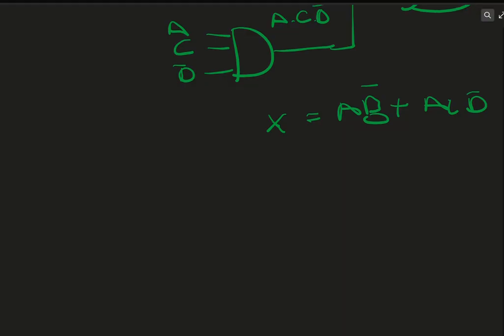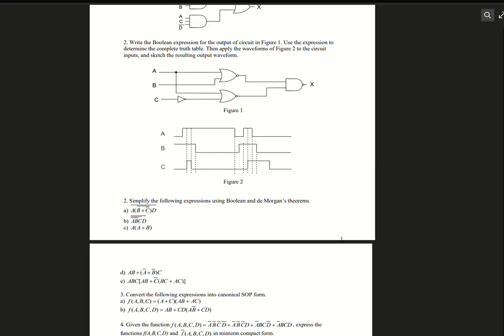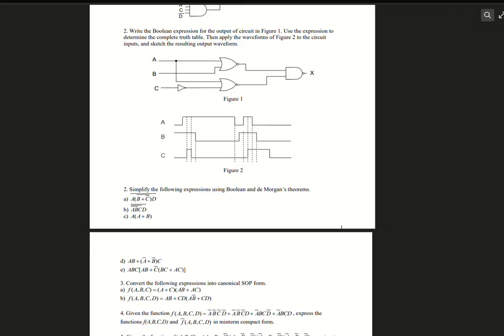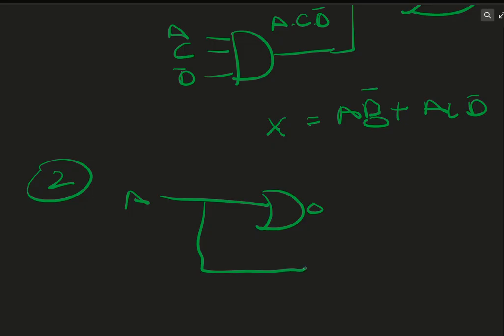Okay, so for the number 2 question, for the graph, let's draw the diagram and then we are going to find the equation. So this goes into a NOR gate, and this also goes to a NOR gate.